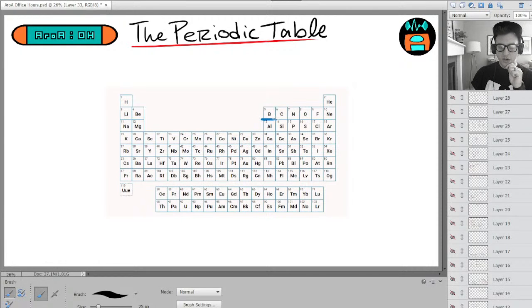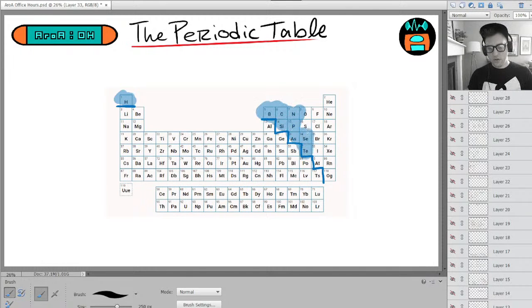If you start there and zigzag your way down the periodic table, this line divides the metals from the nonmetals, where the metals are to the left and the nonmetals are to the right. That being said, the one additional nonmetal that you can find on the periodic table is here, because hydrogen, hopefully this comes as no shocker, is not a metal.